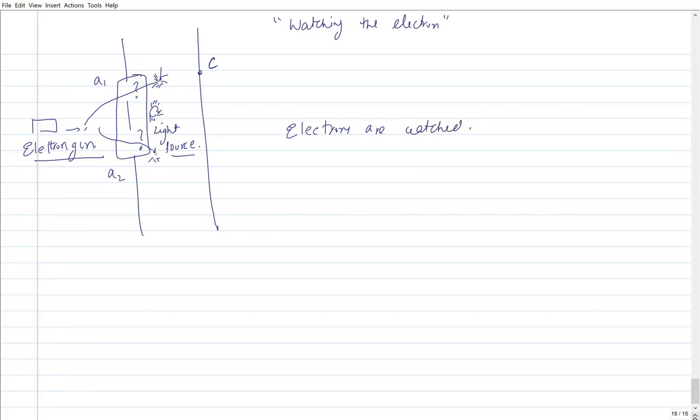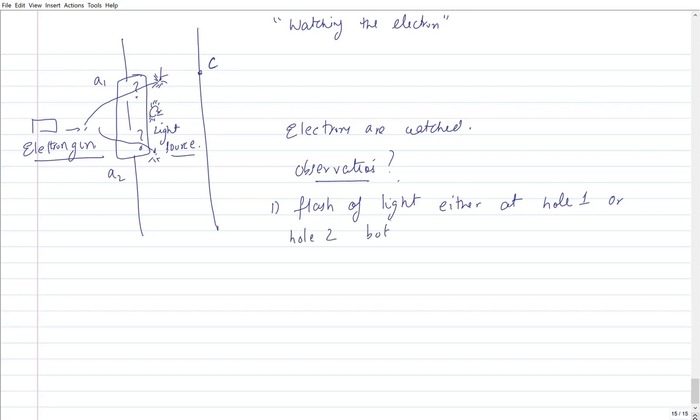So in this scenario, what are my observations? Well, what I observe is that there is a flash of light either at hole 1 or hole 2, but never simultaneously.